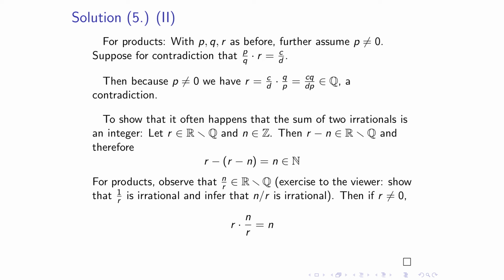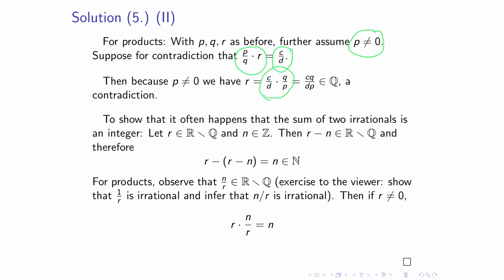Okay, next, we'll do it all over again, but with products. So we'll show that so long as p is not 0, right, we need the further assumption that the rational number is not 0, the product cannot be a rational number. If it were a rational number, we'll call it c over d this time, then r would have to equal c over d times q over p.